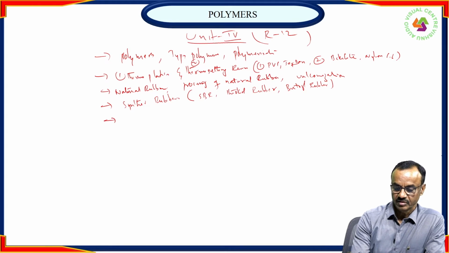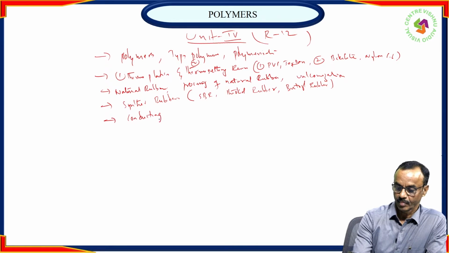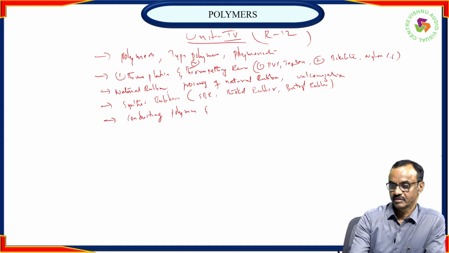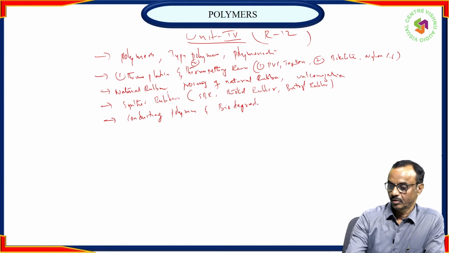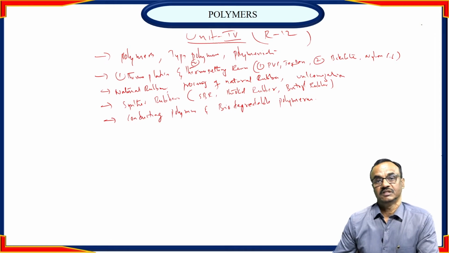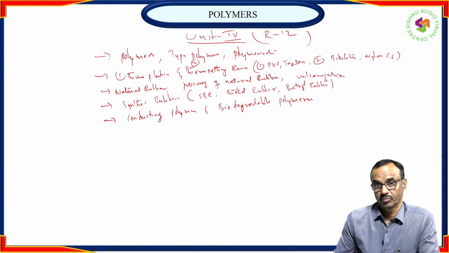The last topic that we are going to discuss is conducting polymers and biodegradable polymers. These are the topics we are going to cover under Unit 4, polymers.